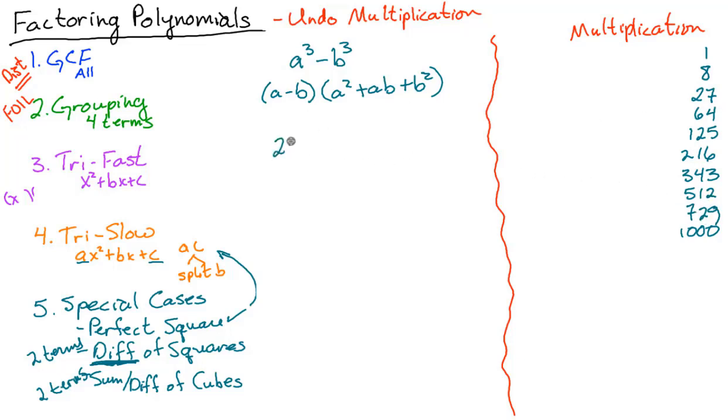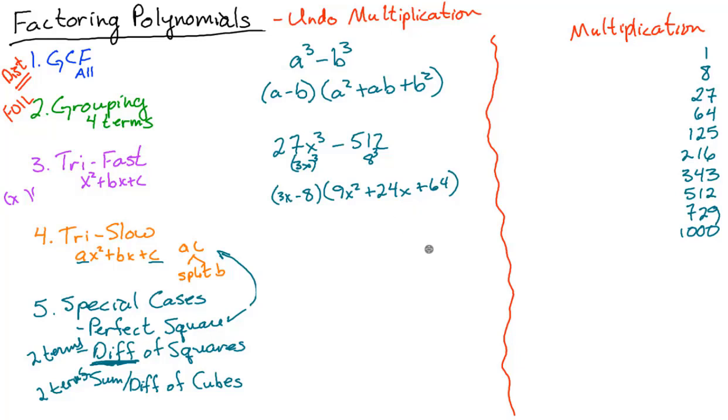If you have something like 27x cubed minus 512, yuck. It's doable though. This is 3x perfectly cubed, and this guy is 8 perfectly cubed. So to factor them it is 3x minus 8 and 9x squared plus, this times this is 24x, and then plus 8 squared, 64.